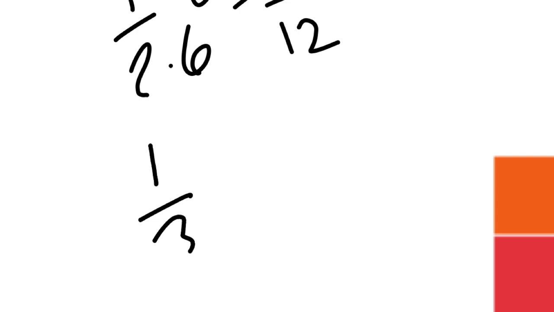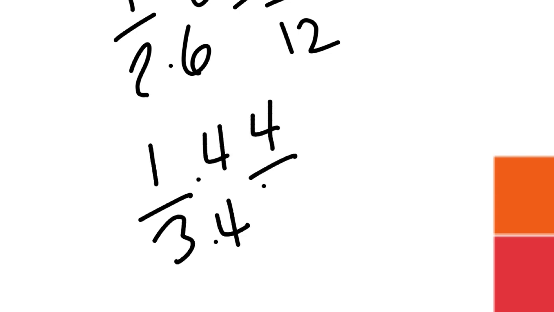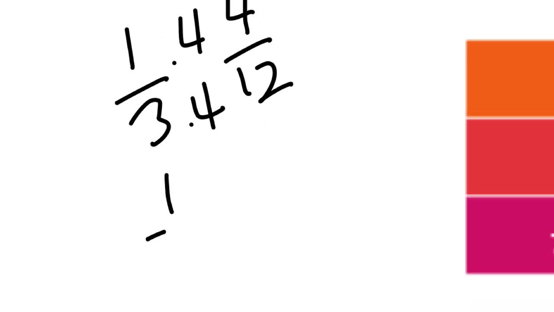So we can take 1/2 times 6 equals 6/12. Then we can take 1/3 times 4, which is 4/12. And then for our last one, 1/4 times 3.